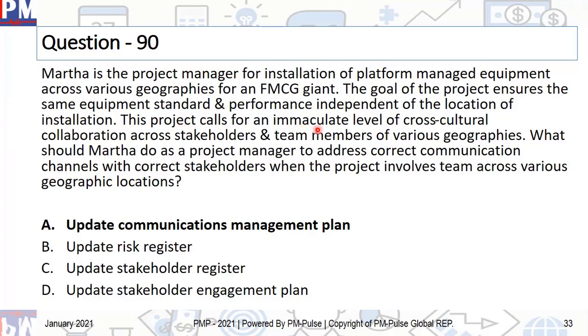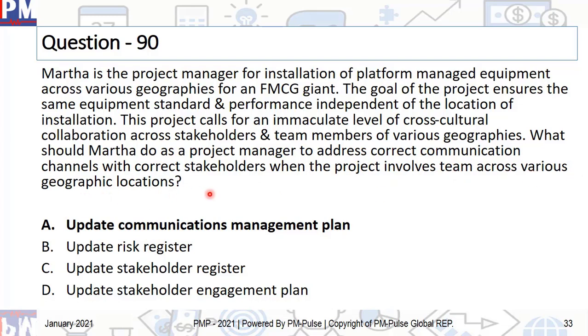So, this project calls for an immaculate level of cross cultural collaboration across stakeholders and team members of various geographies. What should Martha do as a project manager to address correct communication channels with correct stakeholders when the project involves team across various geographical locations?